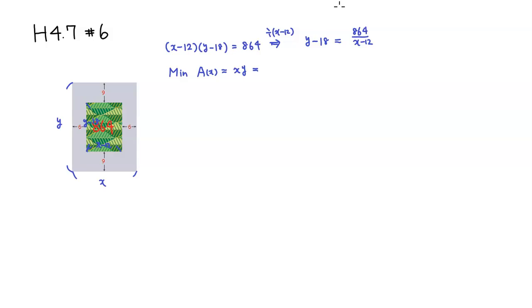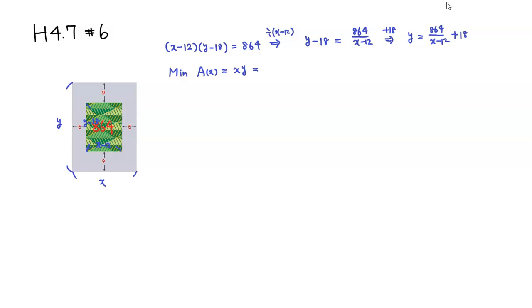Then we can just add 18 to both sides, so y is equal to 864 over x minus 12, plus 18.